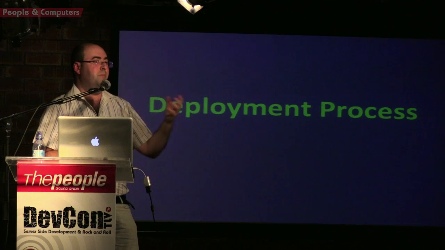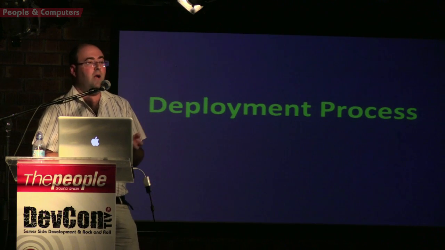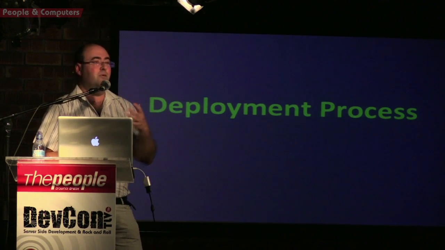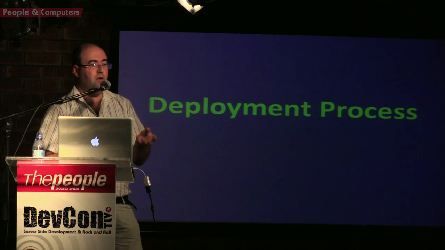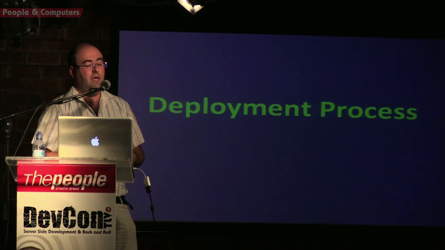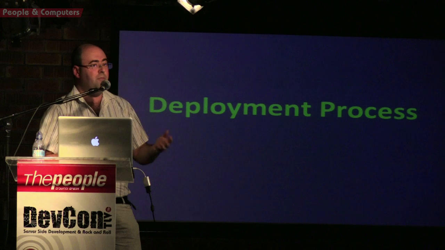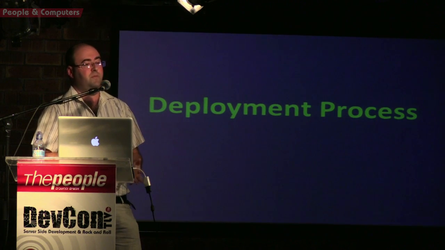What is the issue with the deployment? So far, we placed our annotations on our code that goes to production. In development and test environments, it's very helpful and wonderful. But in production, there might be issues.